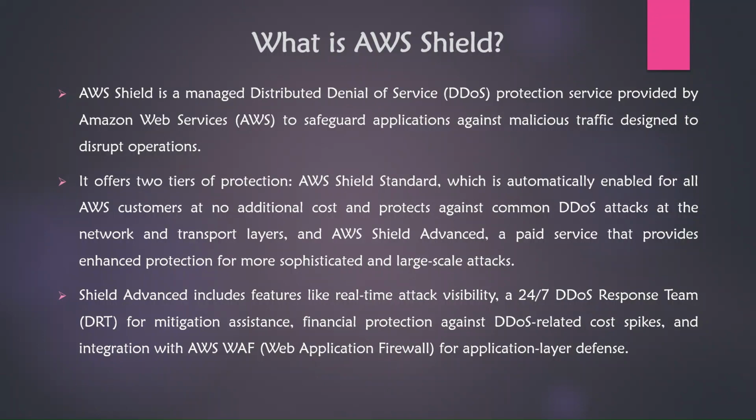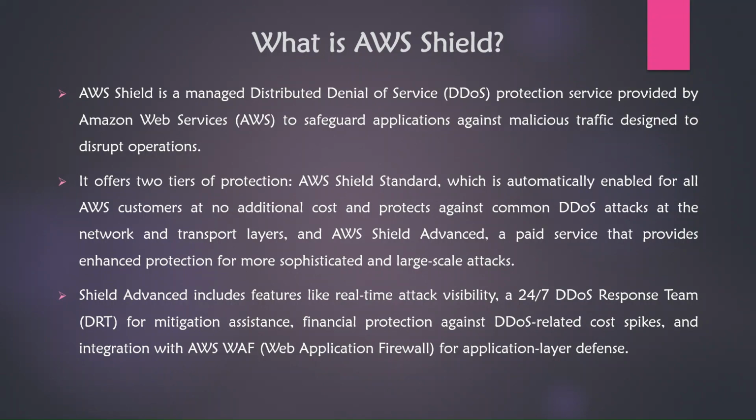A DDoS attack is when attackers overload a network or application with malicious traffic to make it unavailable. AWS Shield protects your applications and resources from such attacks, keeping them functional and secure.